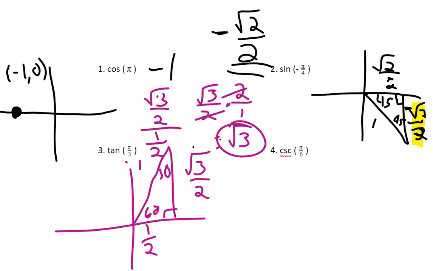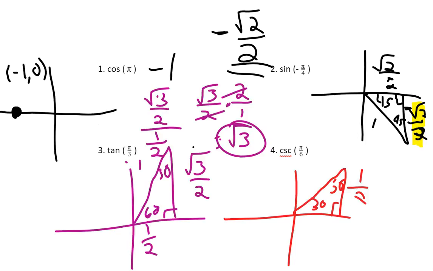And the last one would be our cosecant. Cosecant of pi over 6. 180 divided by 6 is going to be a 30 degree angle. 30, 60, 90. There is 1/2 over there.